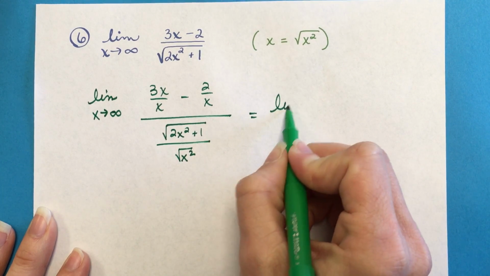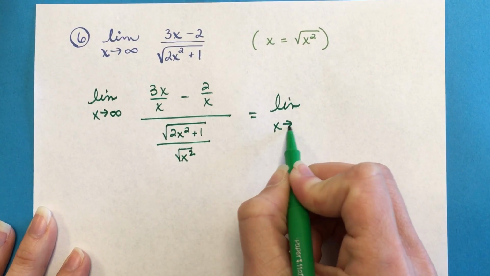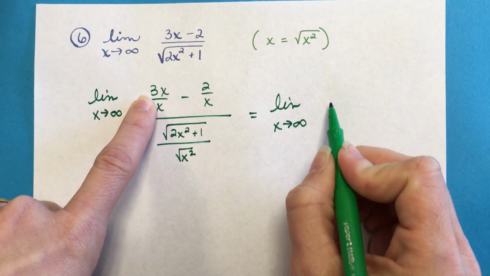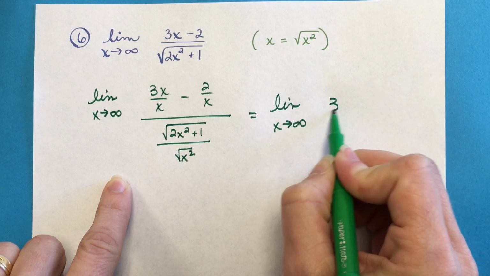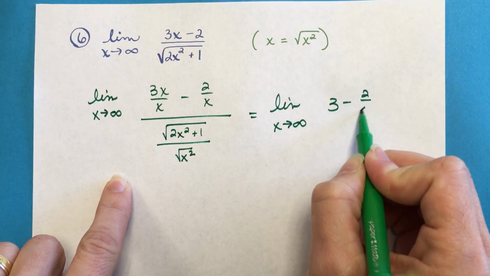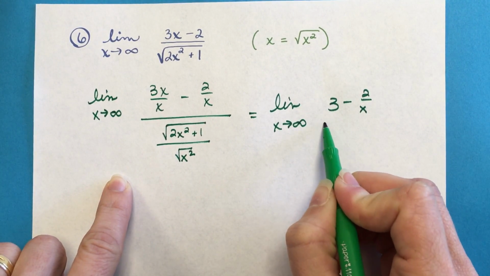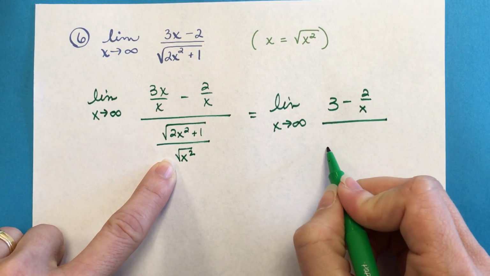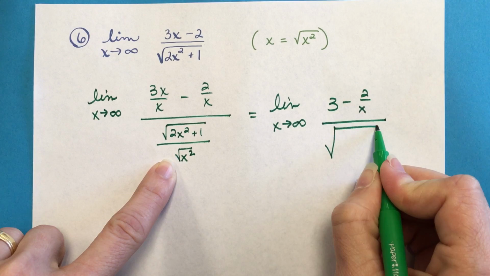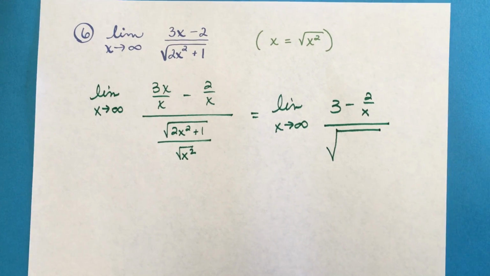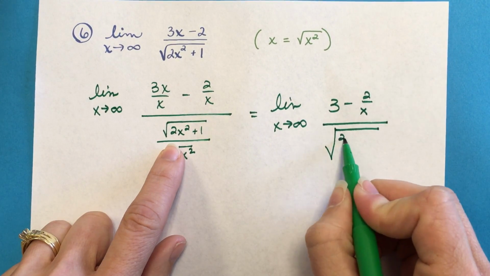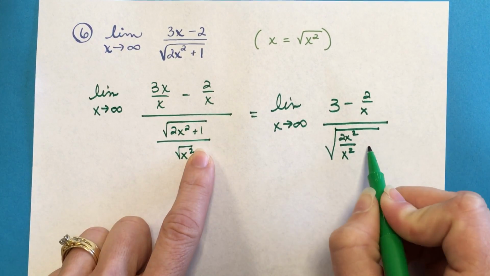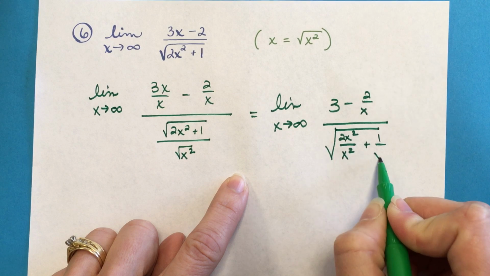Now let's take care of my numerator. Here my x's are going to cancel, which would leave me with just a 3. Since these are both over square roots, you're allowed to write it as one big square root, and then you'll have the 2x squared divided by x squared plus 1 over x squared.